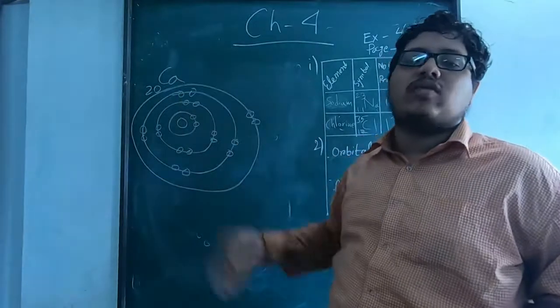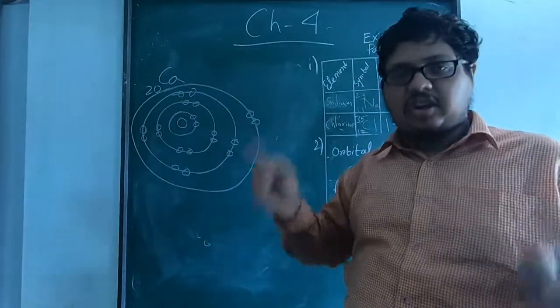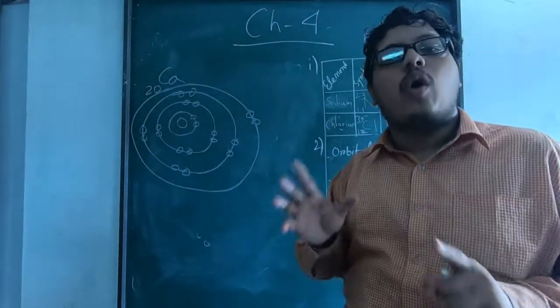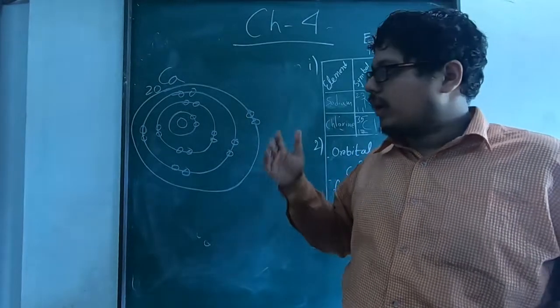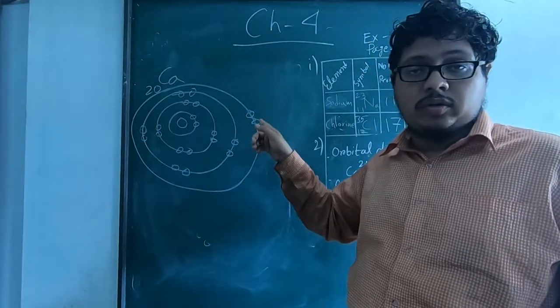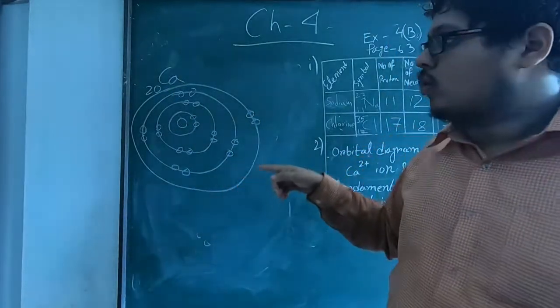So the nearest noble gas to calcium is argon, and as we discussed a little while ago, argon has 8 in the last shell, which is also known as an octet. So in order to get an octet, it needs to do what? It needs to lose 2 electrons. To be 8 like argon, it needs to lose 2 electrons.